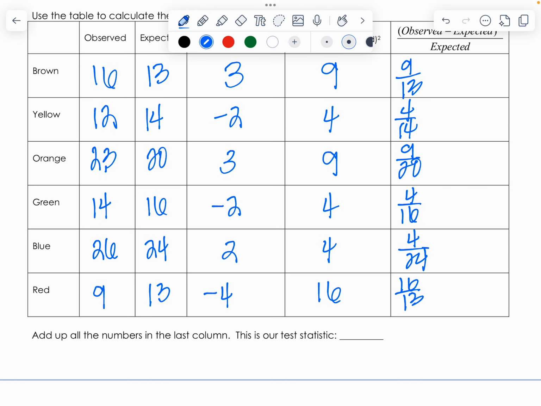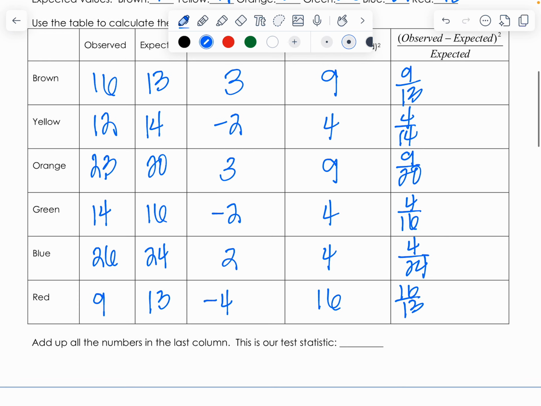All right, and so then to finish it up, we're going to add up this last column. So I'm going to plug all those fractions into my calculator. Remember, fractions are the exact number, whereas if we did 9 divided by 13 and ended up rounding, that would be a little less accurate. So we want to be as accurate as possible, so that's why I keep them as fractions.